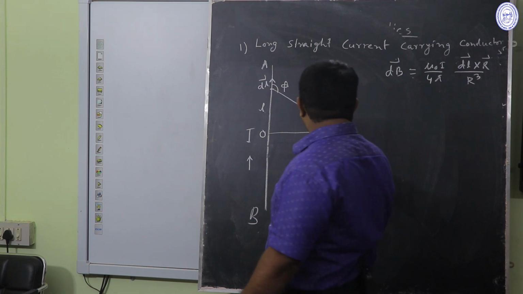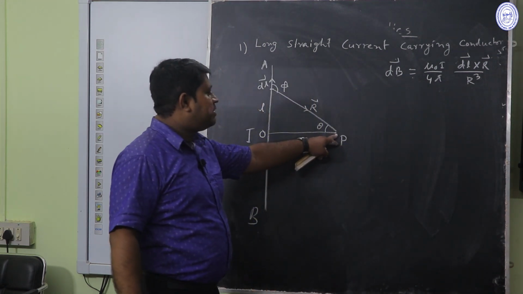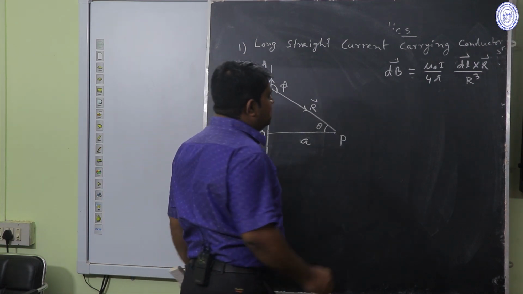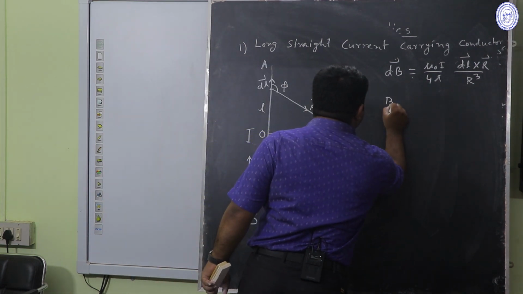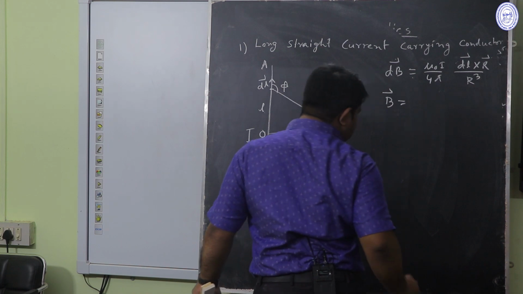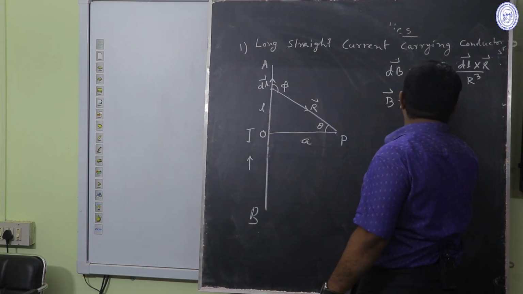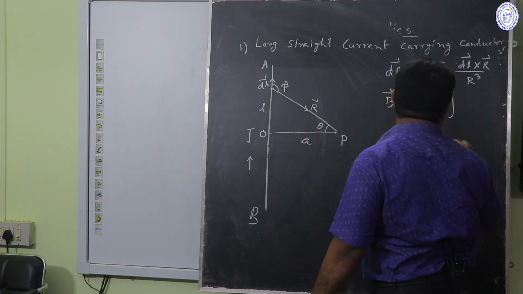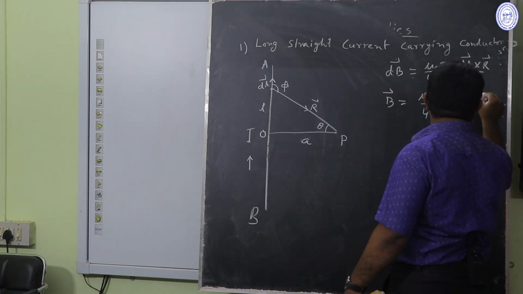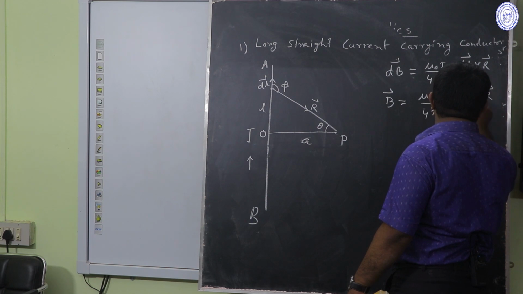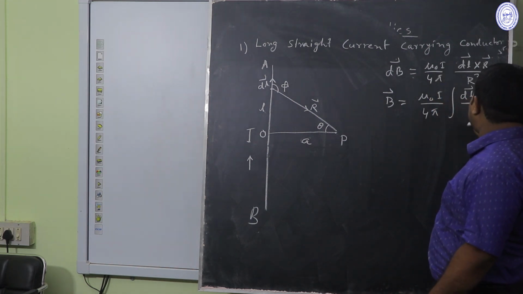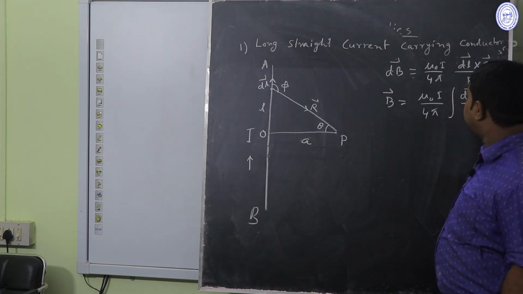So, the total magnetic field at point P due to the entire conductor is equal to the integration of mu 0 I by 4 pi dl cross R by R cube. Now we have to calculate this quantity.